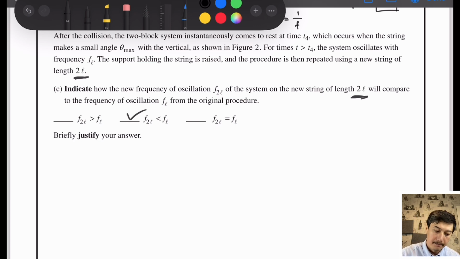Let's justify it. In this system, the period is equal to 2 pi times the square root of L over g.